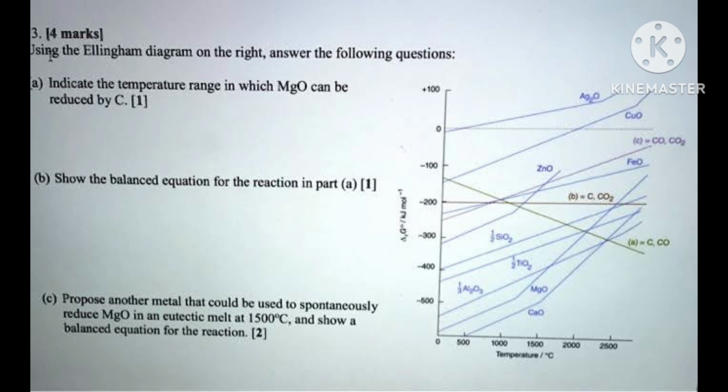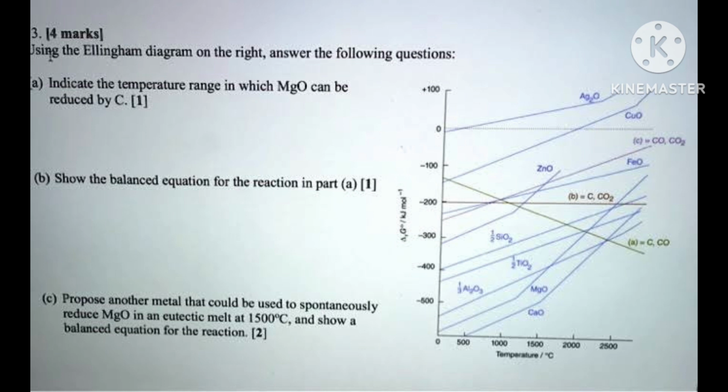Now after that you can see this only by the Ellingham diagram. In that diagram, there is one curve for aluminum oxide and one curve for magnesium oxide. Two curves are there, and both curves are cutting at a point.